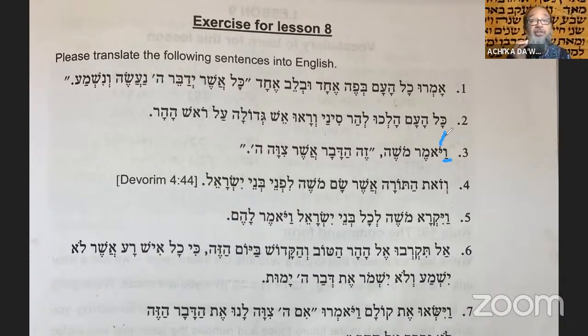It's not zot, it's zeh. This. Zeh ha-davar. This is, listen, this is the ha-davar, like your word davar or Devarim in the book of Devarim. The word which Yahweh commanded. See?